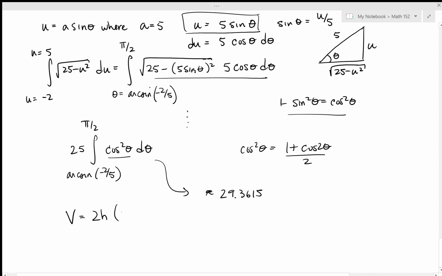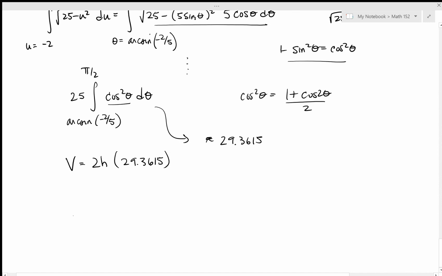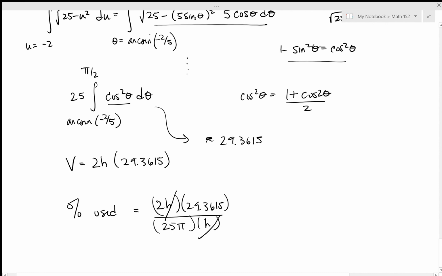So that becomes 2h times 29.3615. And the percentage used is then equal to 2h times 29.3615 divided by 25 pi times h. So it actually doesn't matter, in terms of the percentage used, what the length of that cylinder was.